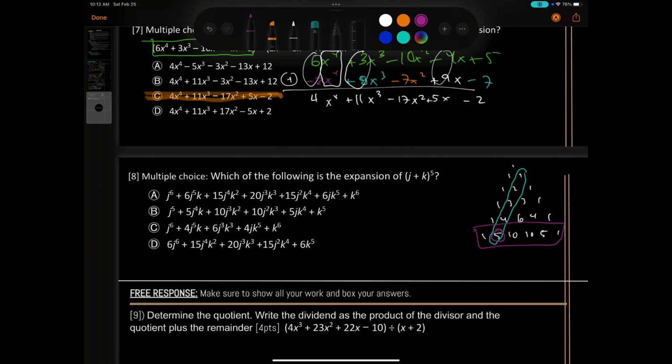So 1, 5, 10, 10, 5, 1 is what I need. And so the only option in that one is B. You'll notice that's correct because you have 5 on the j's, counting down 5, 4, 3, 2, 1, and then this is j to the 0. And then you'll also notice that it's counting up from the k. So k to the 0, k to the 1, 2, 3, 4, 5.